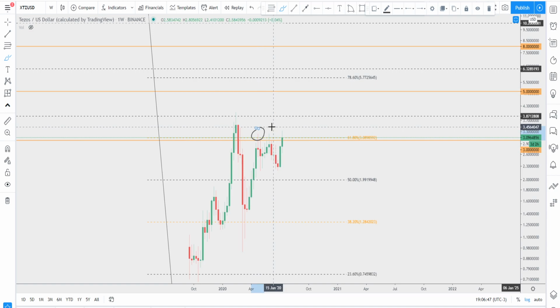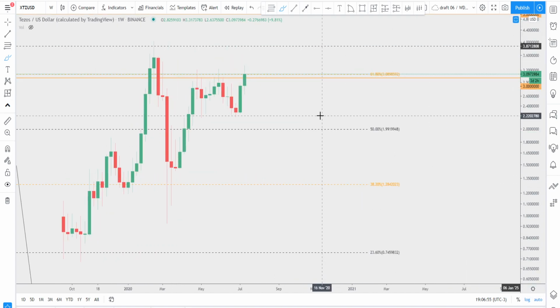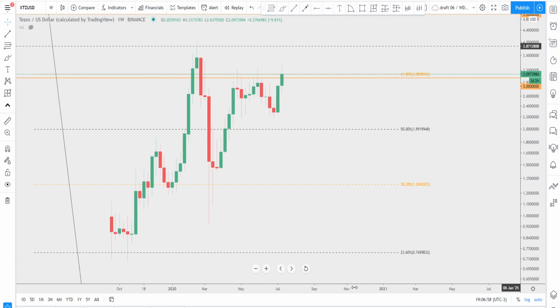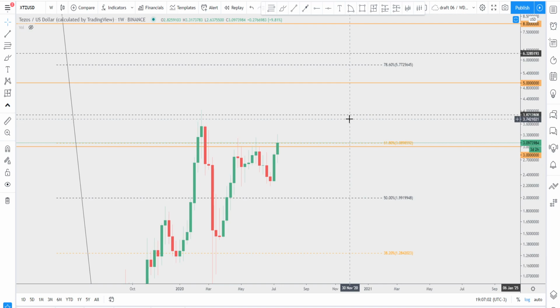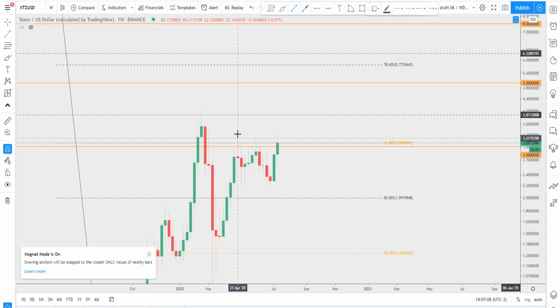First try, rejected. But it's not over. Let's zoom in and check this out. Just a moment. Here we have a very key thing that I'm going to show you right now. So let's go for the first.